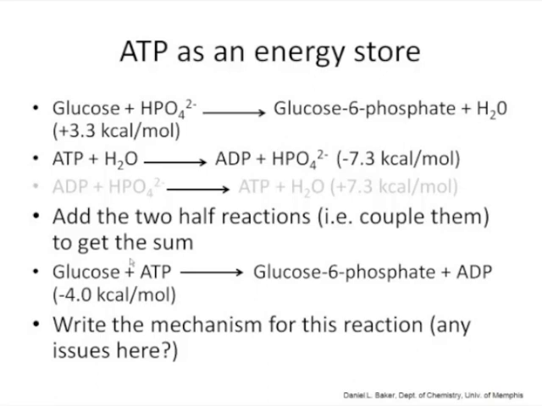Now keep in mind that the half reactions don't occur by themselves. This is just a way of understanding the energetics that's going on here. So what we're talking about in all actuality is glucose reacting directly with ATP in an enzyme active site to transfer the gamma phosphate group to glucose in this case, and generating ADP.